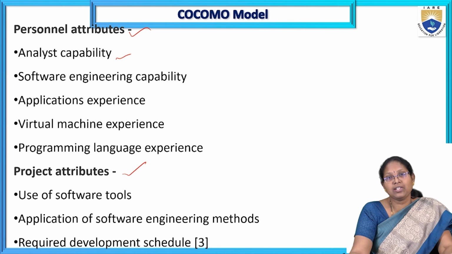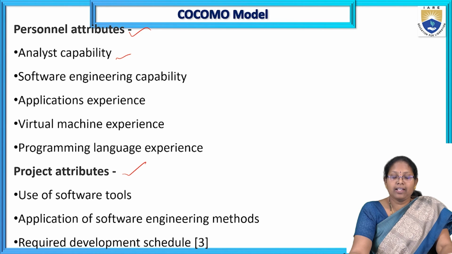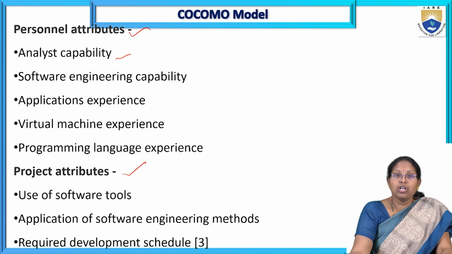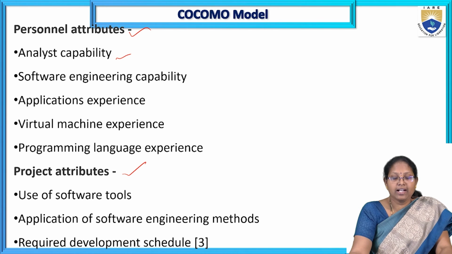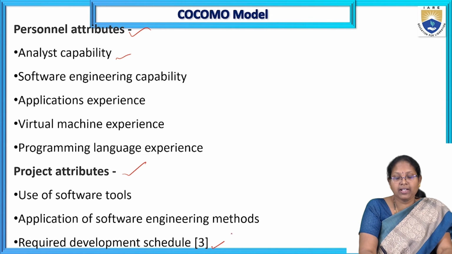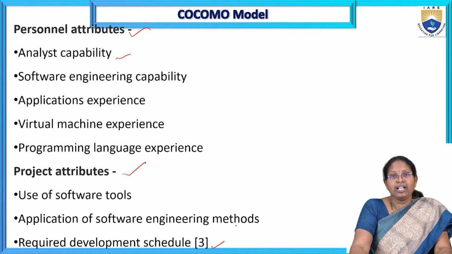These attributes are also taken into consideration to calculate that estimation. In a similar way, project attributes include use of software tools, application of software engineering methods, and required development schedule. All these parameters are taken into consideration depending on the problem application, that means the kind of problem.